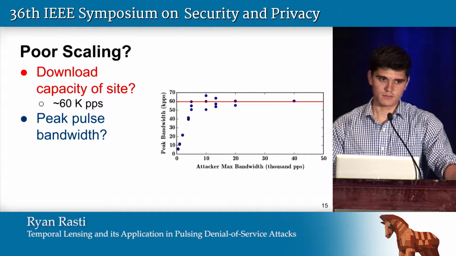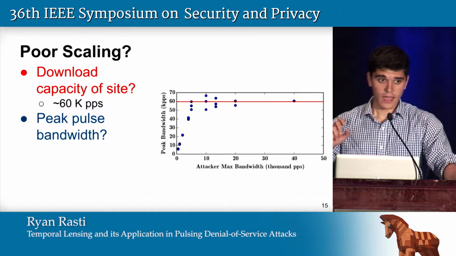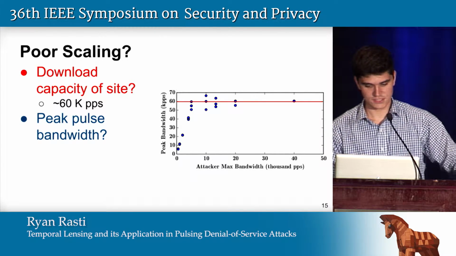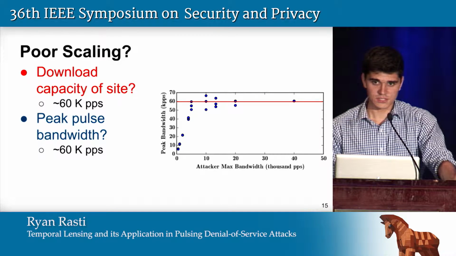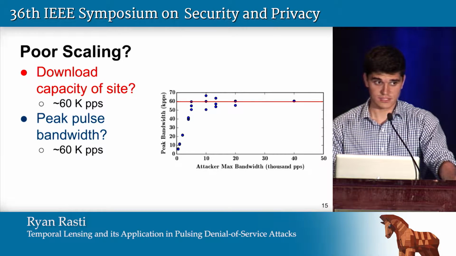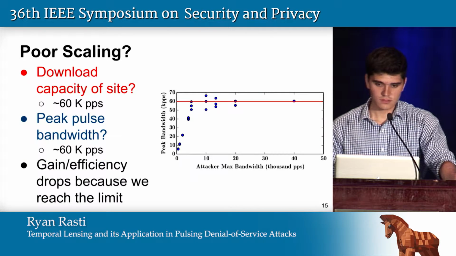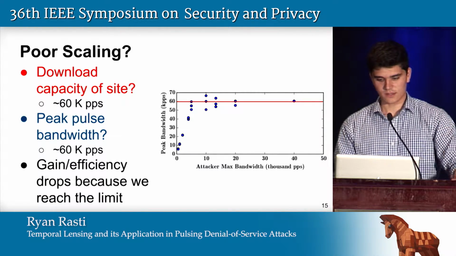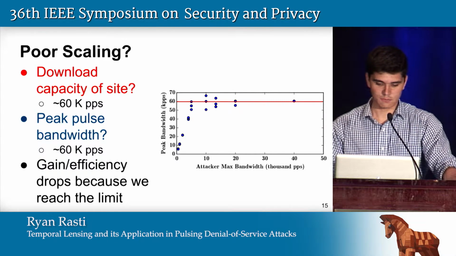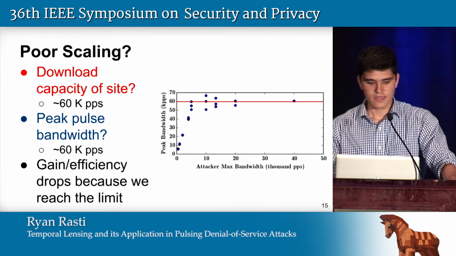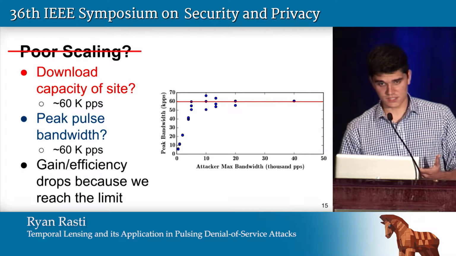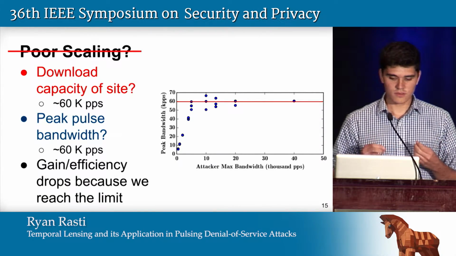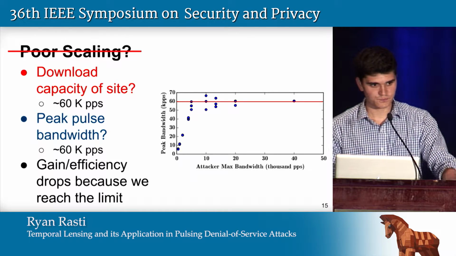So not the relative bandwidth gain, but the actual, how big can we make these pulses? That's what's on the y-axis here. And we see that it also levels out at around 60,000 packets per second. So this poor scaling at attacker bandwidths of 10,000-plus packets per second is not really poor scaling at all. We're just overwhelming the victim, and the metrics fall off because of that.